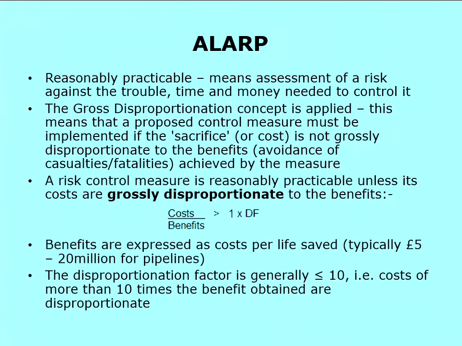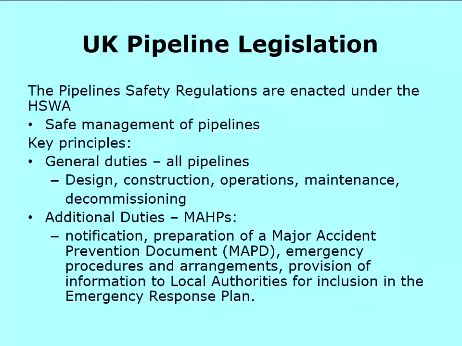And you've got to provide information to the local authorities in the UK or local government organisations so that they can use that information in their emergency plan, because in the event of any major accident, it will always be the emergency services who have responsibility for controlling and dealing with that accident.